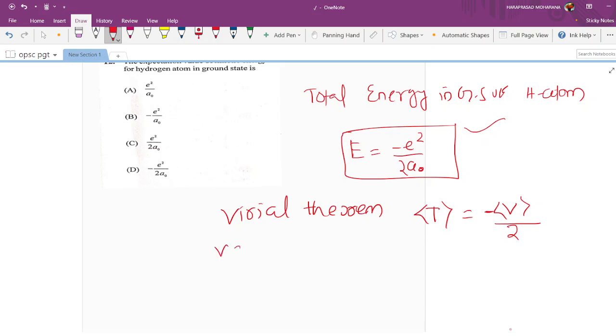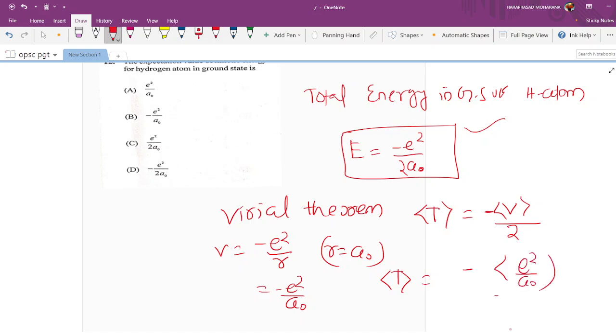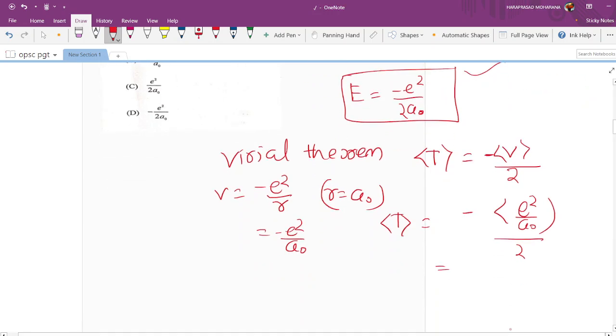The Coulomb potential can be written as minus e square upon r, and here r is nothing but a0. So I can write minus e square upon a0. So my kinetic energy will become minus, minus e square upon a0, divided by 2. So it will become e square upon 2a0.